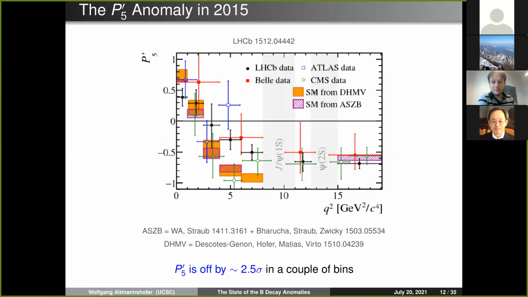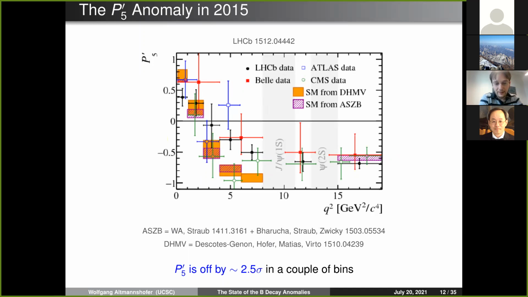Here's the situation in 2015. That was, I think, the update with the full run 1 data. So in 2015, we already had a 2.5 sigma discrepancy between the LHCb measurement, these black crosses here, and the various standard model predictions, either the orange or the purple boxes.